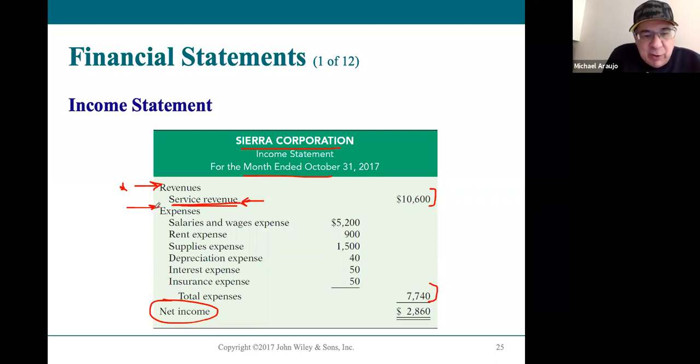Expenses is a general account. Specific accounts are listed underneath. So a salaries and wages expense tells us that in the month of October, Sierra Corporation paid $5,200 to their employees to do the tours, to do the work that needed to get done in October.